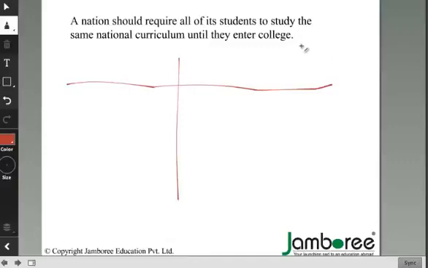Now, let's find 3 points for. That means, yes, I agree that a nation should require a national curriculum, a mandatory curriculum for all students. Can you give me some points on why you agree?